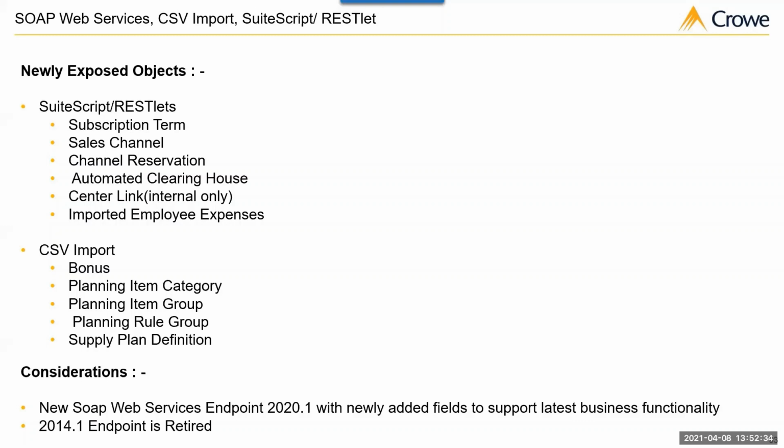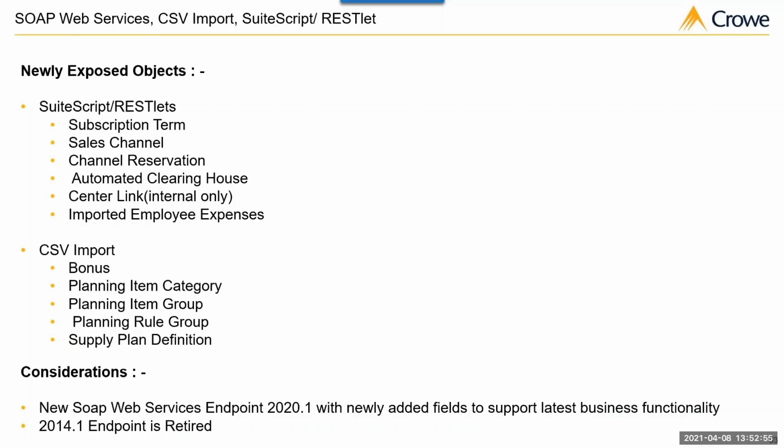So now we have a subscription term which we can do scripting on, but earlier we could not. There are also a couple of records like sales channel, channel reservation, imported employee. For CSV import, now we can import planning item category, supply plan definition, planning rule.